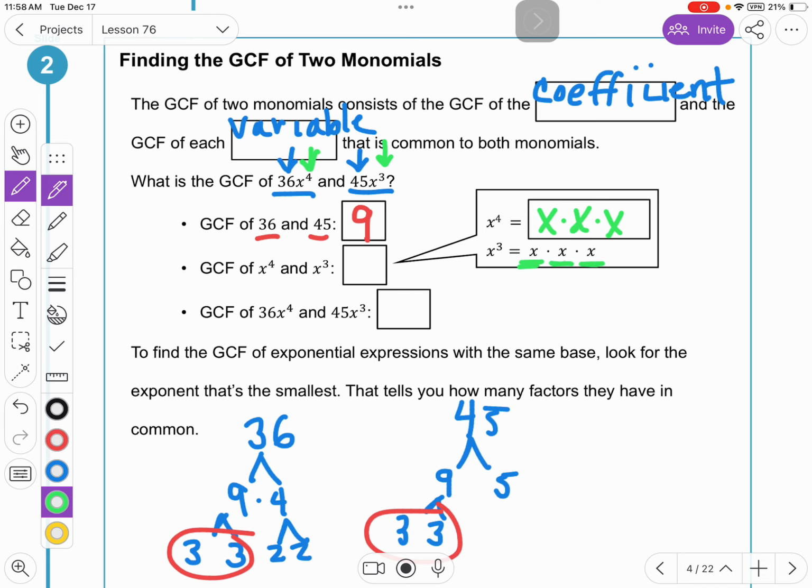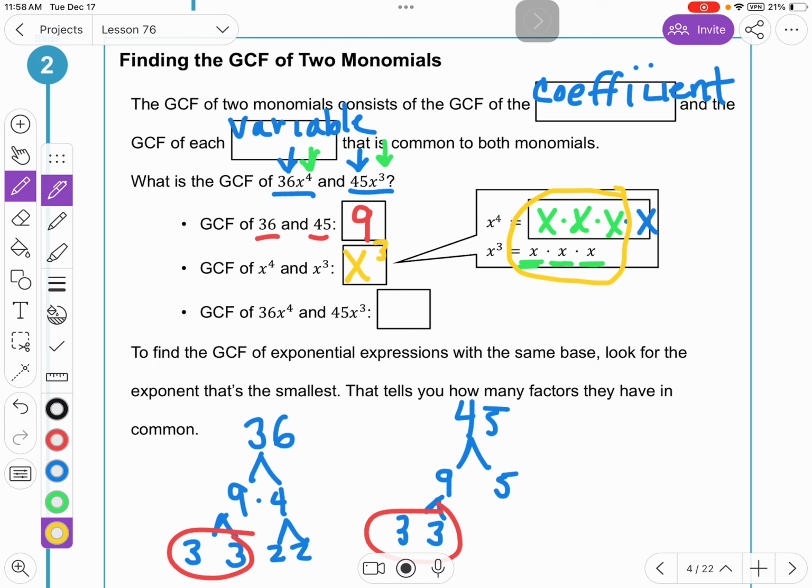And x to the fourth is x times x times x times x, right? There's an extra x on there. That's what x to the fourth means. So what do they have in common? They have in common these 3 x's right here. So x to the third is what is common for the variables. That's the greatest common factor of those variables.